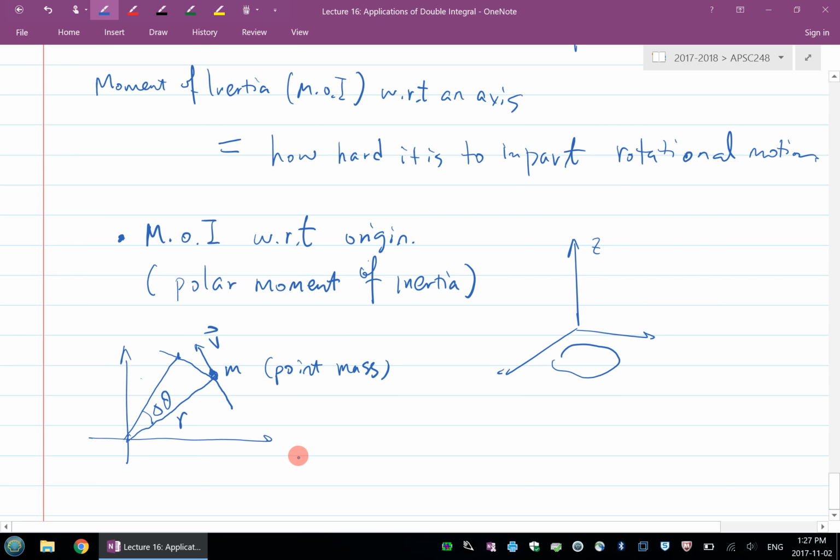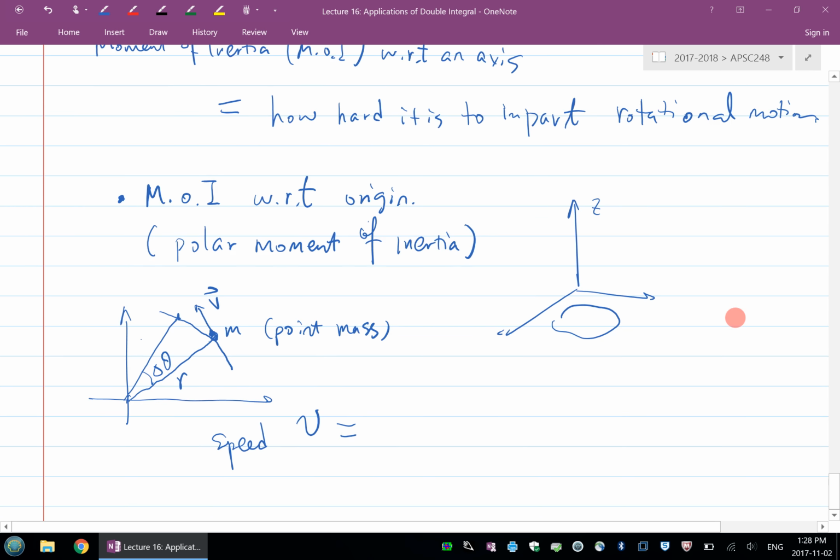So then your velocity, neglecting the vector sign, will be the speed value. I can relate the speed approximately to the quantities r and delta theta.